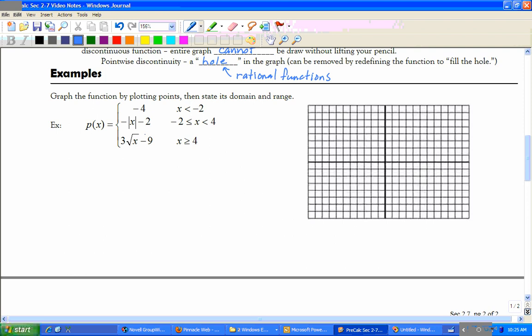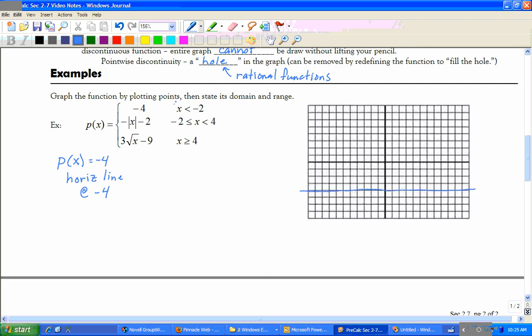Let's take a look at the first part, which is p of x is equal to -4. Well, this is a horizontal line at -4. This is pretty easy to graph. So if you graph in the entire line, here's our horizontal line.